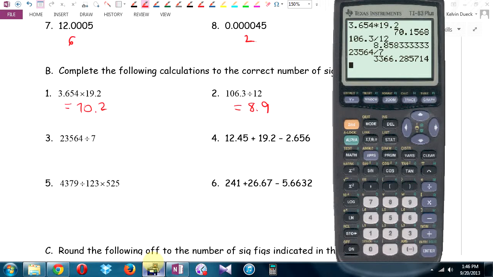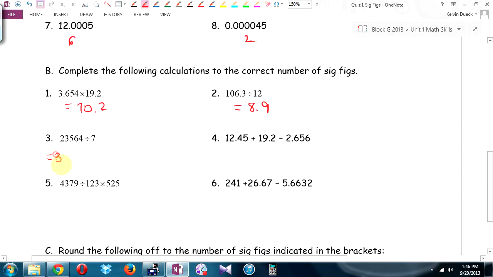How many sig figs here? So it's going to be this where scientific notation is kind of cleaner in that it's clearly 1 sig fig, but 3,000 is 1 sig fig. I'm going to come to 4 in a second.